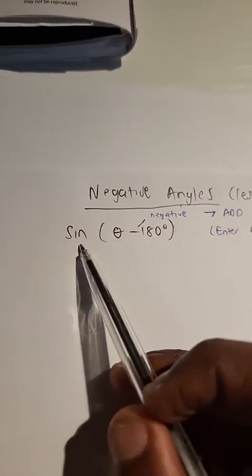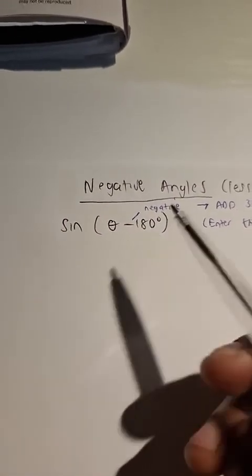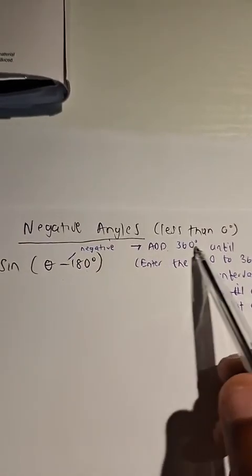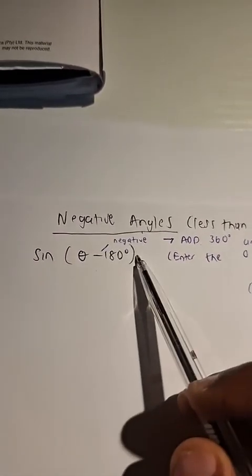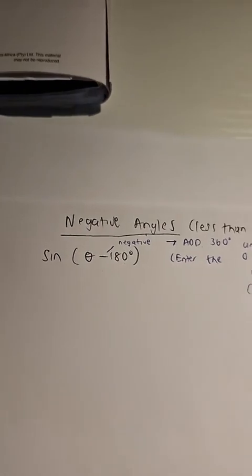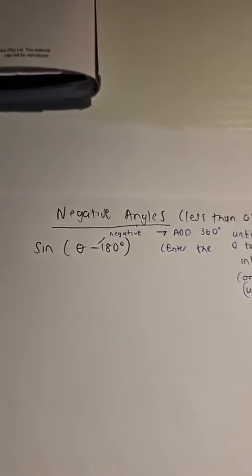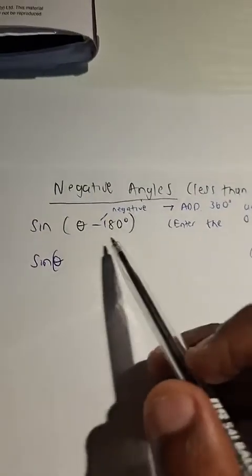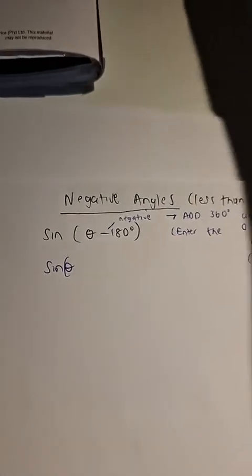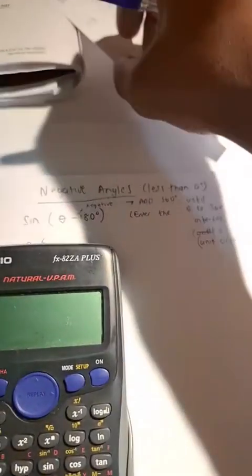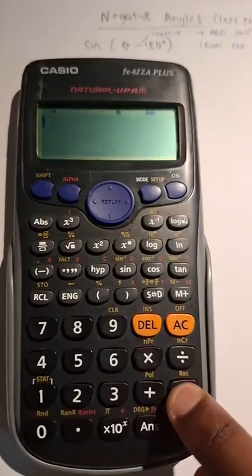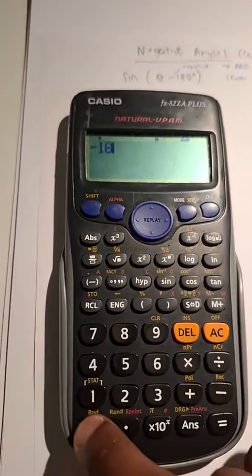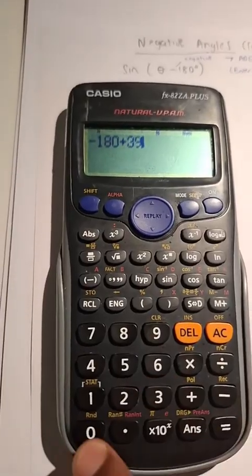With sine of theta minus 180, we are first going to add 360 because we have a negative angle. This will help us slowly but surely approach the 0 to 360 interval. So we take our calculator and we take the negative angle exclusively and say negative 180 plus 360.